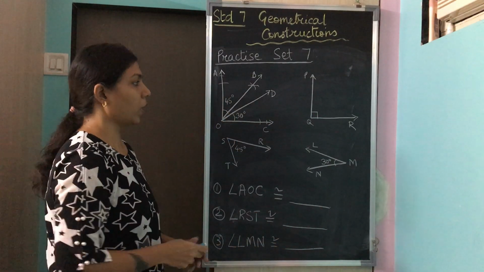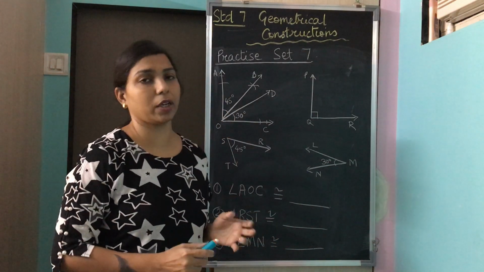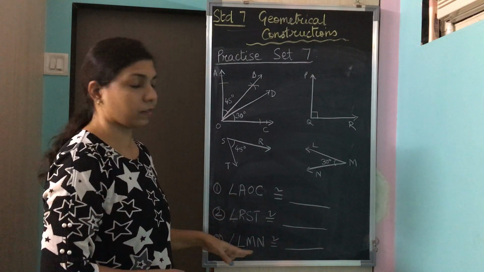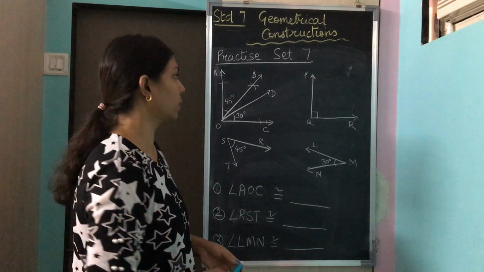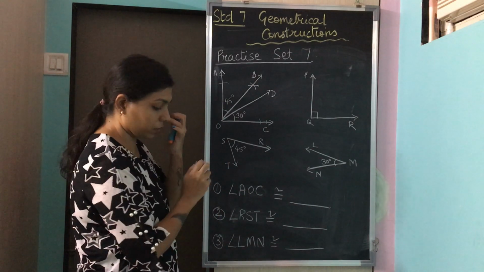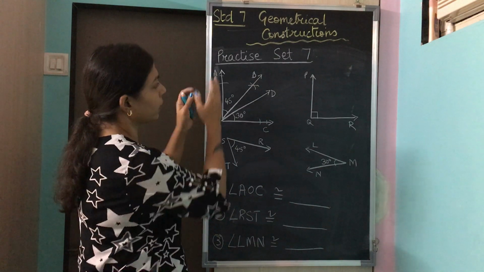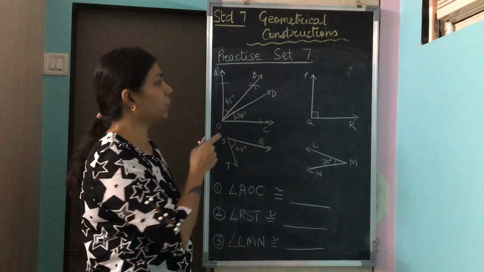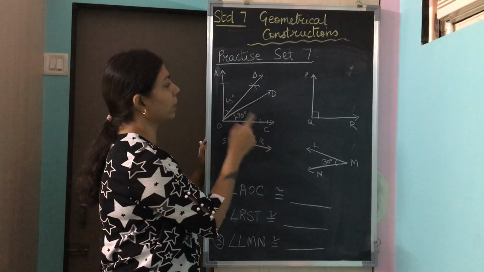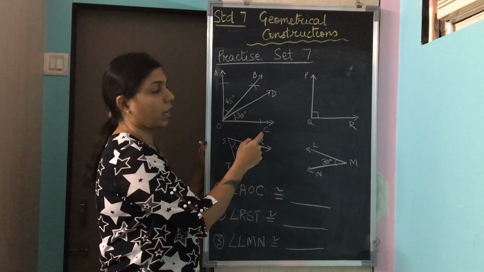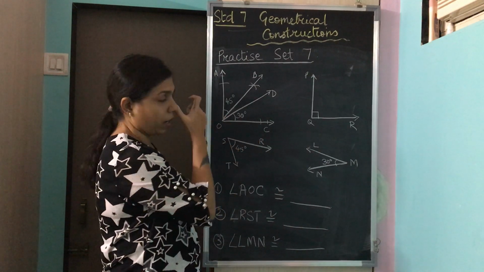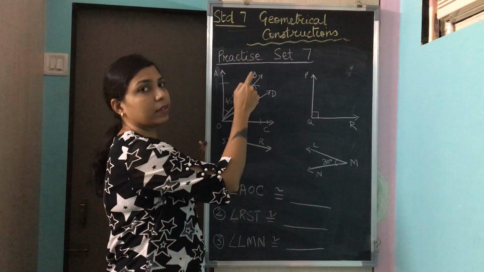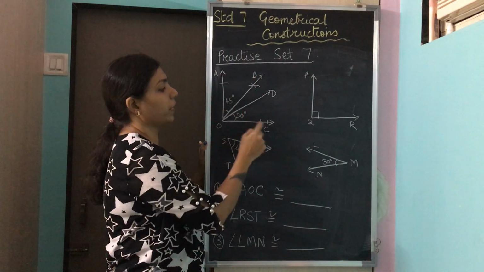These are the diagrams which are given to you in your textbook, and you have to find out these angles are congruent to which angles. Your first diagram, first you have to understand that this is your angle bisector diagram, where you have angle AOC as a 90-degree angle, and this segment OB is the bisector for this particular angle.